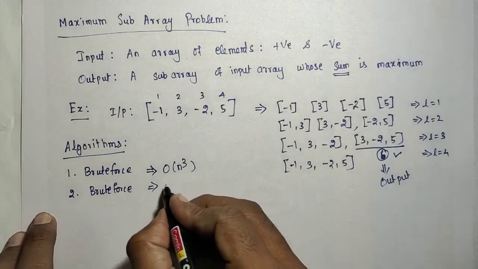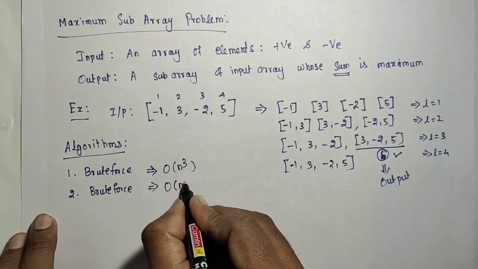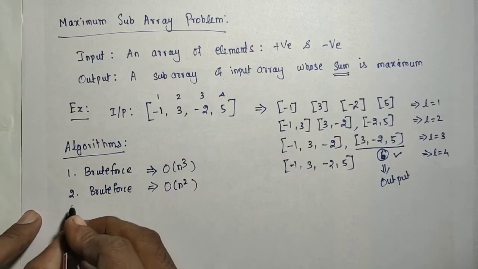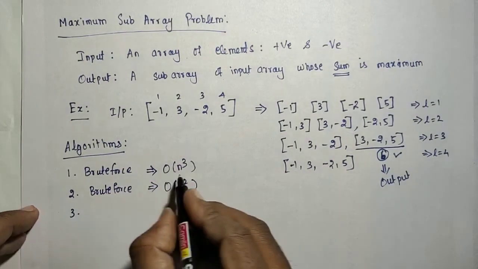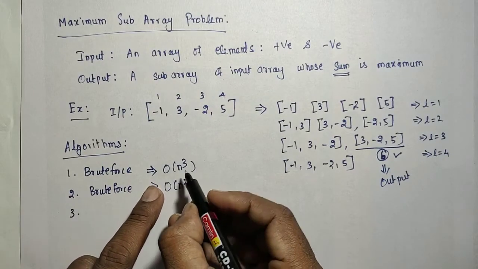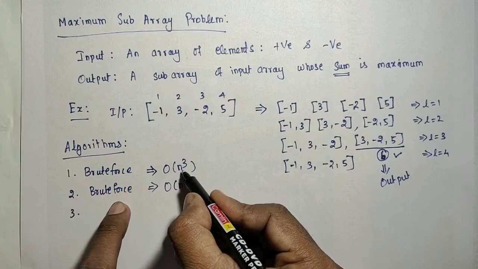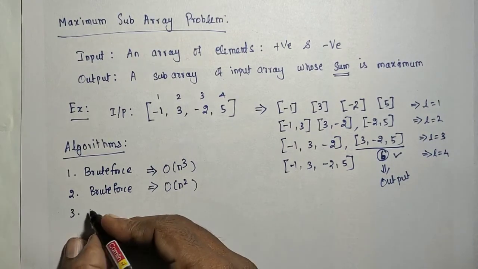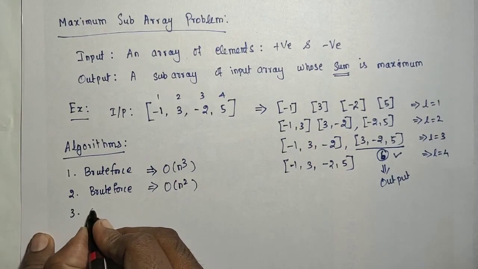In that, the complexity will be reduced to O of N squared. Here we reuse some computations, so that we can reduce the number of operations. So that is O of N squared.